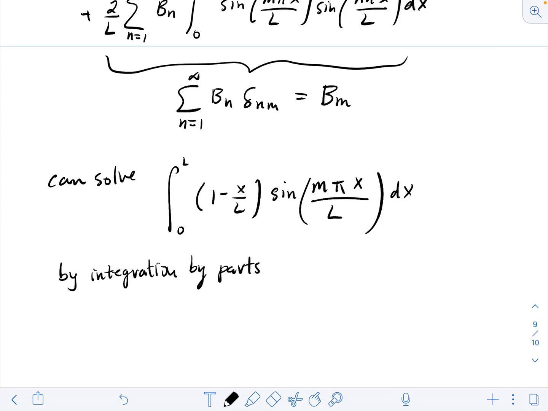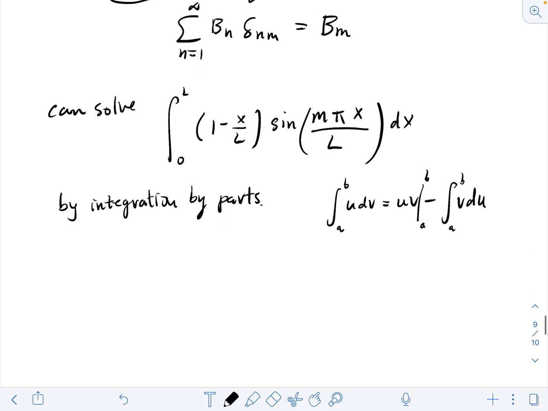So this is like the integral of u dv is equal to uv minus the integral of v du, and if the limits are between a and b, then you evaluate both terms on the right between those limits. I'll let you do that for yourselves, and you can confirm that the result is pretty simple. It's L over m pi.